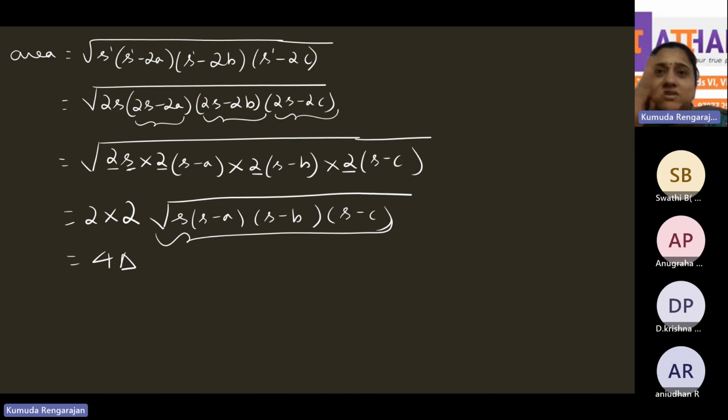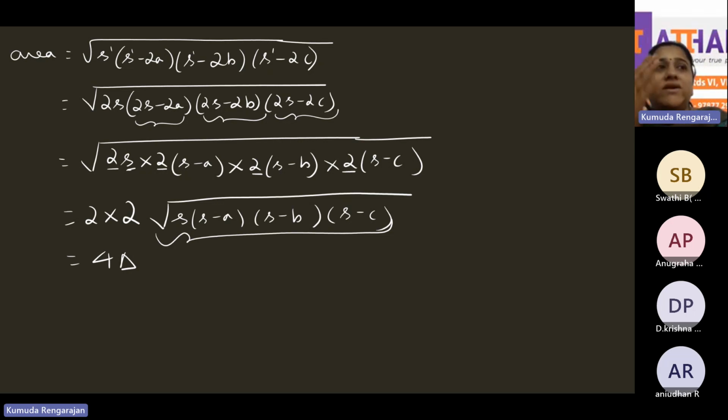So my increase in weight is 90 minus 60, 30 kgs. Here it was delta, now it's become 4 delta. So what's the increase in area? New area minus original area, just like new weight minus original weight.